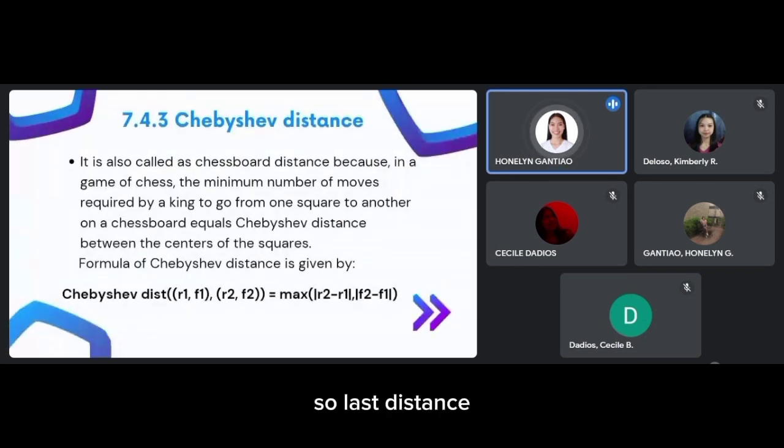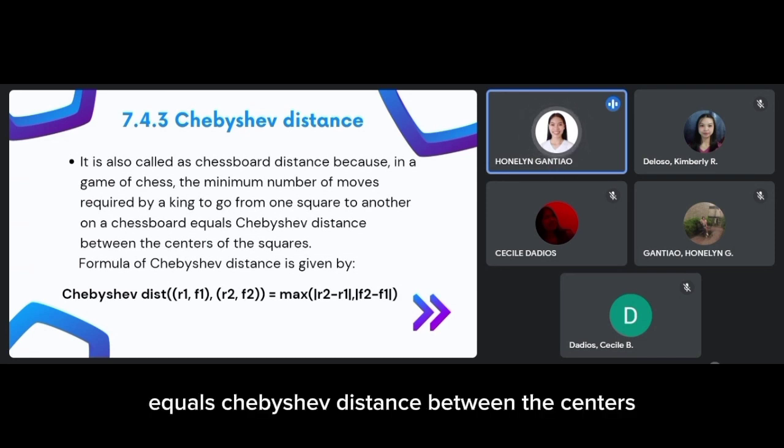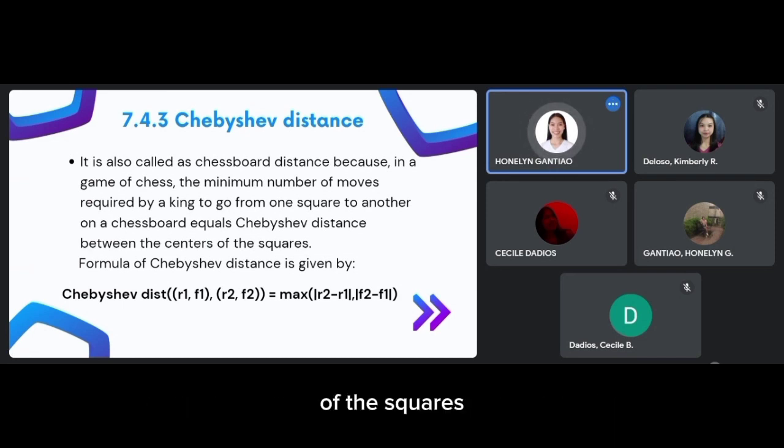The last distance is the Chebyshev distance. It is also called chessboard distance because in a game of chess, the minimum number of moves required by a king to go from one square to another equals the Chebyshev distance between the centers of the squares.